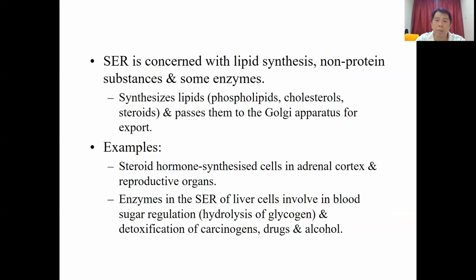So for your information, the hydrolysis of glycogen into glucose actually is carried out in the smooth ER. And also the detoxification of carcinogens, which are cancer-causing agents, drugs and alcohol also are carried out in the smooth ER of the liver cells.